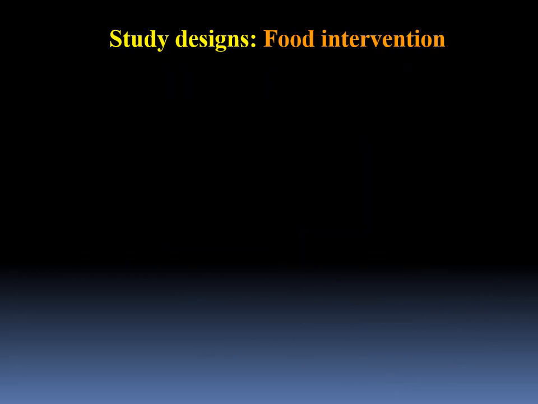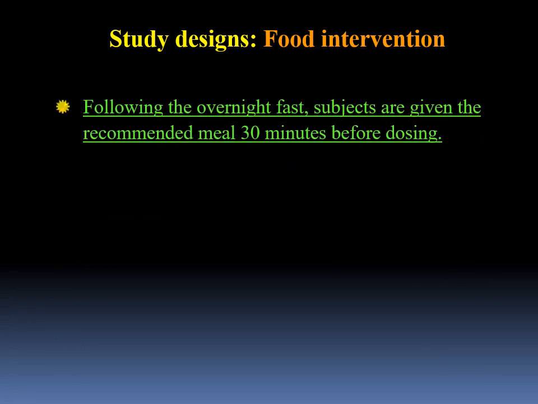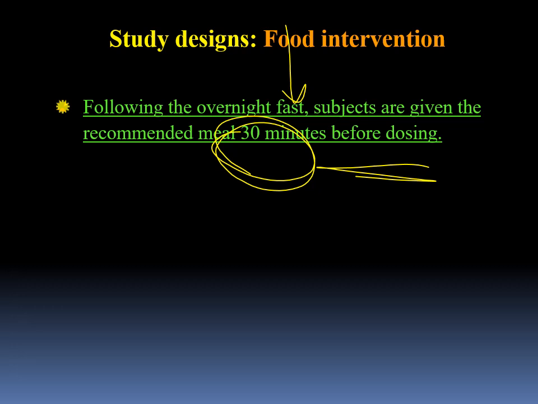The second type of the study design is food intervention. In food intervention, the healthy volunteer should remain fasting also overnight. So don't think that fasting is required only in the fasting study. Even in food intervention, the healthy volunteer should remain fasting overnight, at least 10 hours, but he will take a meal 30 minutes before dosing, a standard meal, not any meal.